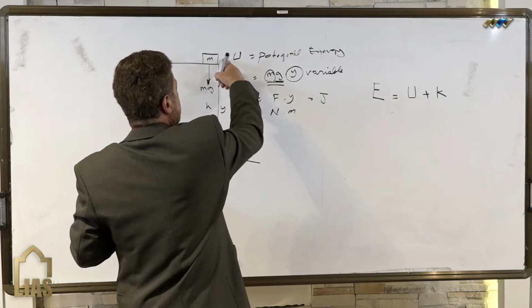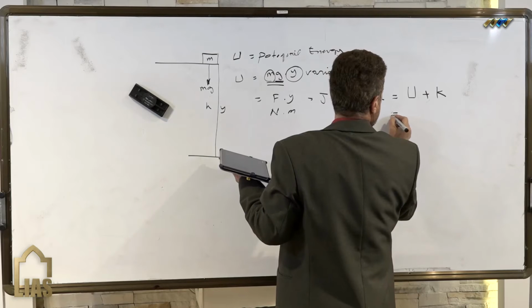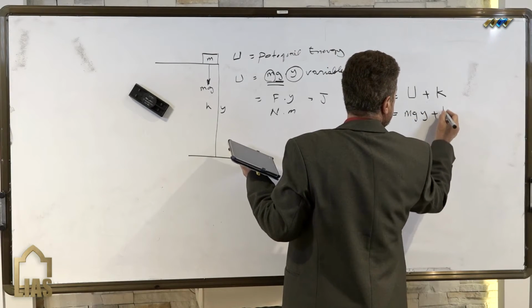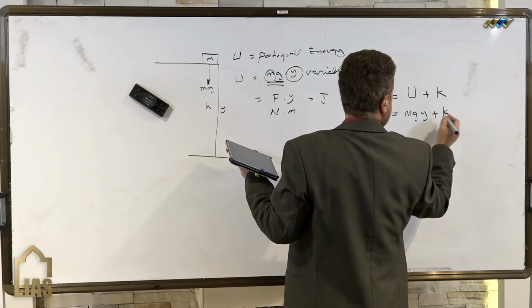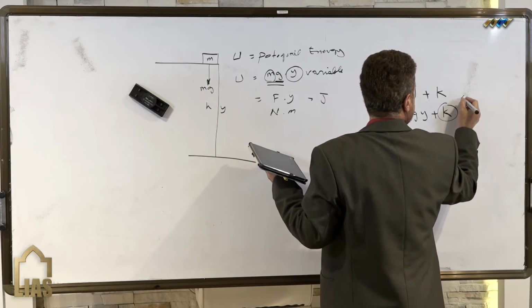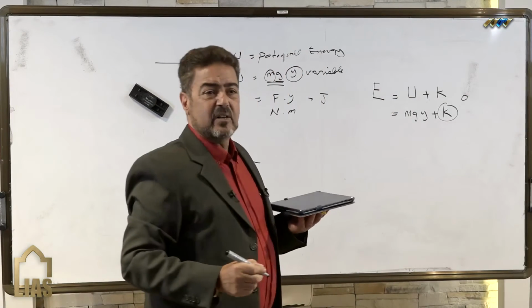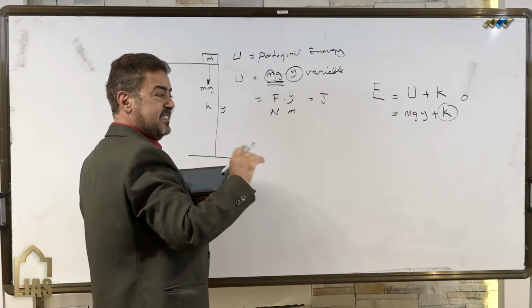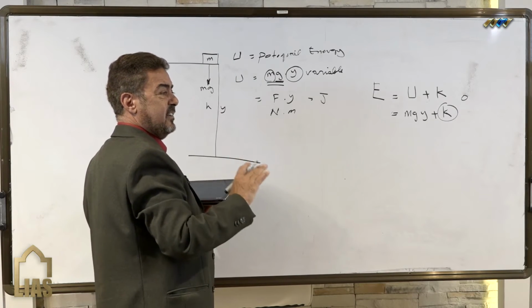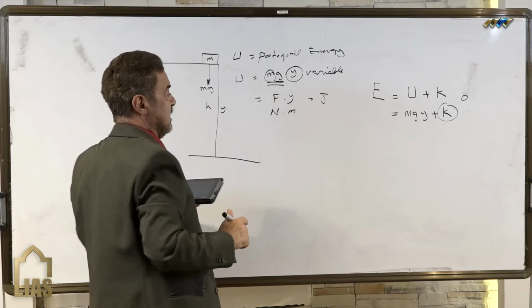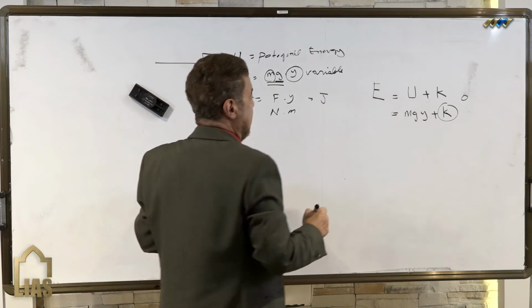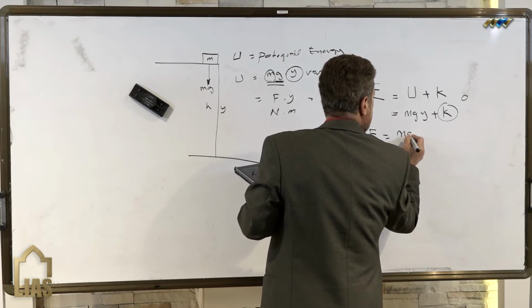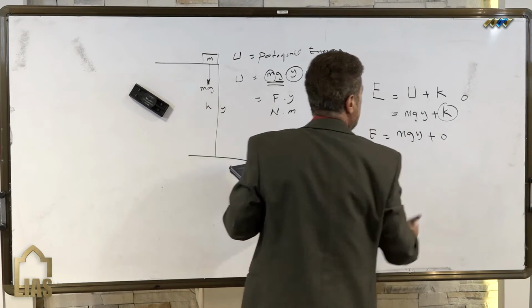In this case, E is mgy plus K, and K in this case is 0. There is no kinetic energy while it is at rest on the top of this building or whatever. Then the total energy is mgy plus 0.